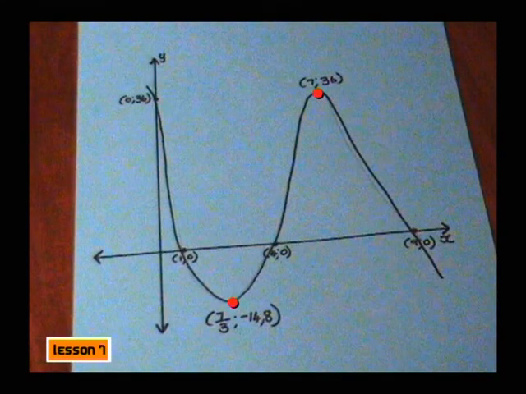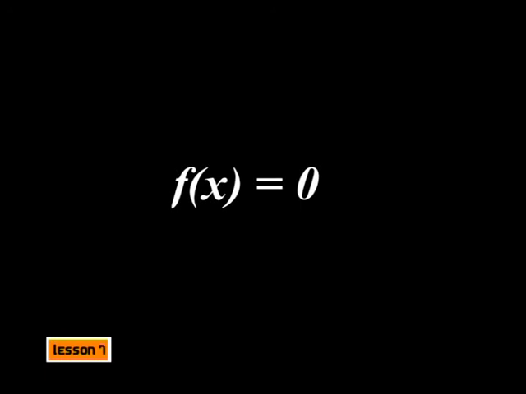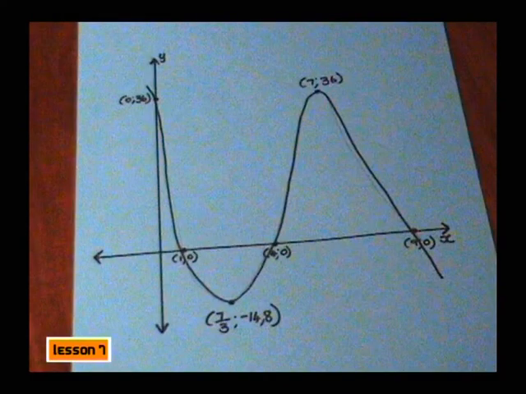Plotting the stationary points and the cut on the y-axis gives us some idea of whether there are 1, 2, or 3 cuts on the x-axis. We then factorize the equation, using the factor theorem if necessary. Lastly, we plot the cuts on the x-axis and join the critical points to form the graph of the cubic function.